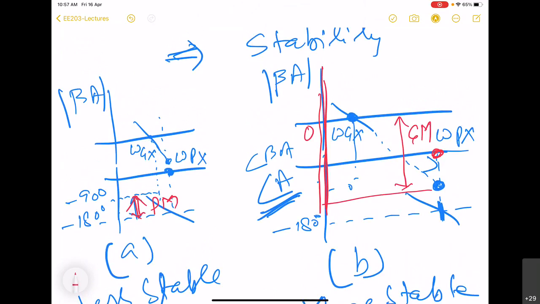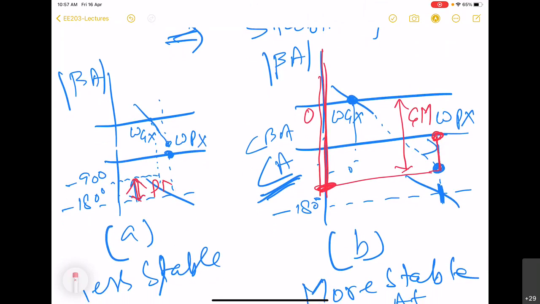So we see that beta A is this value at omega px. But if you see case 1, then for case 1 we have this much of GM, the value of beta A at omega px.